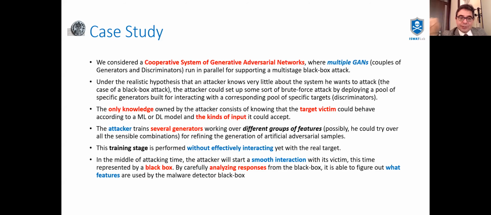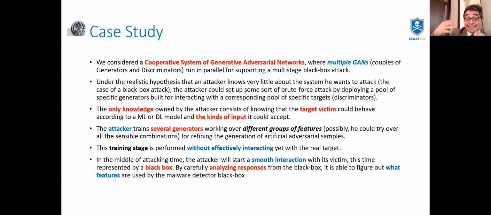The attacker trains several generators working over different groups of features, and this allows us to refine continuously the generation of artificial adversarial samples. The training stage is performed without interacting with the real target.